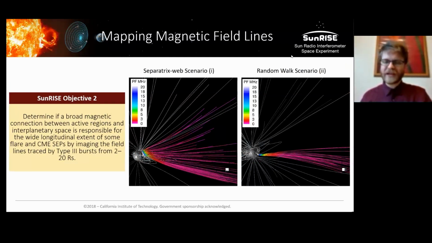Since they aren't disturbing the global magnetic field configuration as much, they travel along existing field lines, and we want to see how widely those field lines are spread out from a given source region on the solar surface. SUNRISE imaging type 3 burst storms coming from individual areas will help quantify this spread through the inner heliosphere.